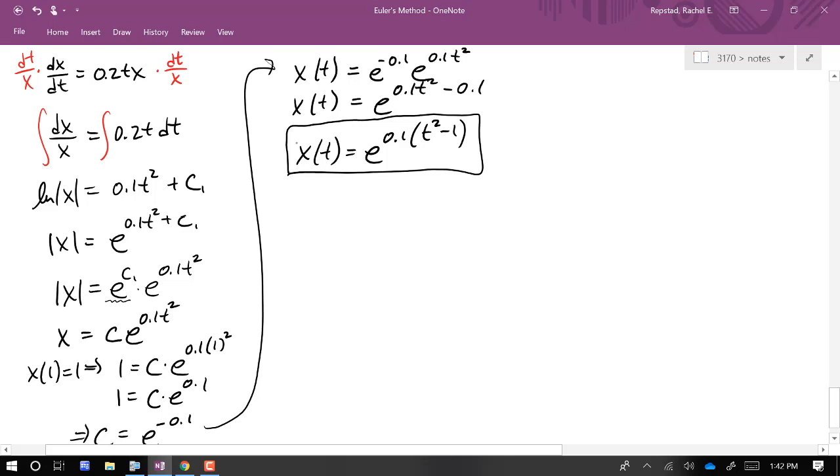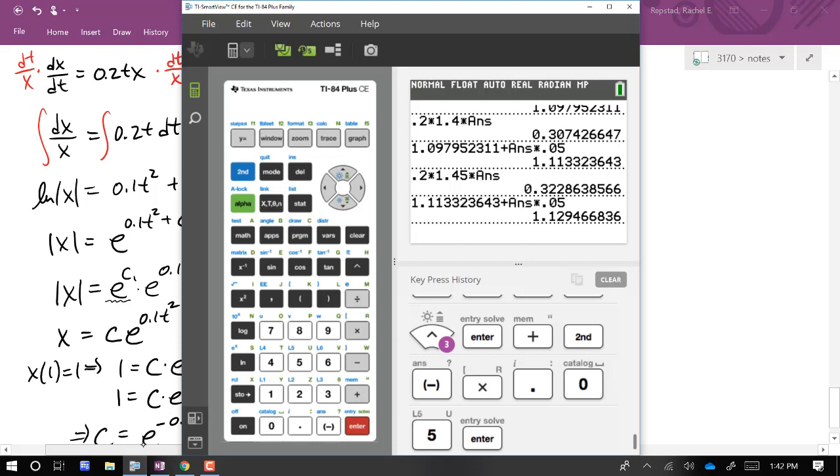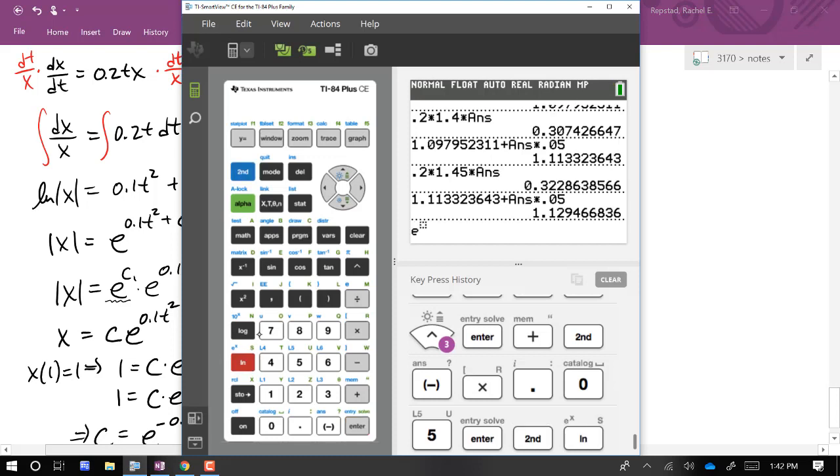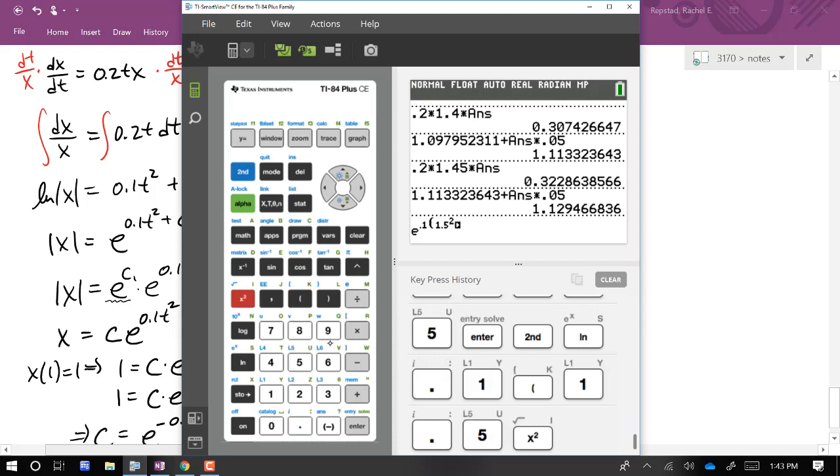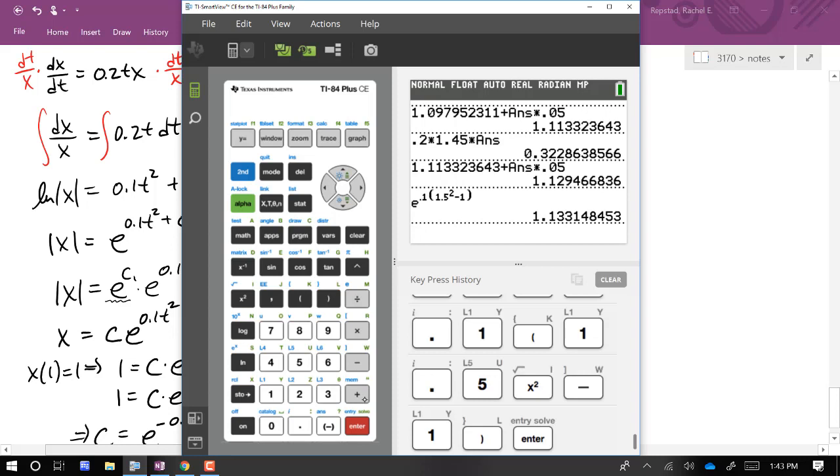To calculate the percent error, the first thing I'm going to do is figure out what this function tells us we should get when we plug in 1.5. That's the end of our interval. I get 1.13314853.